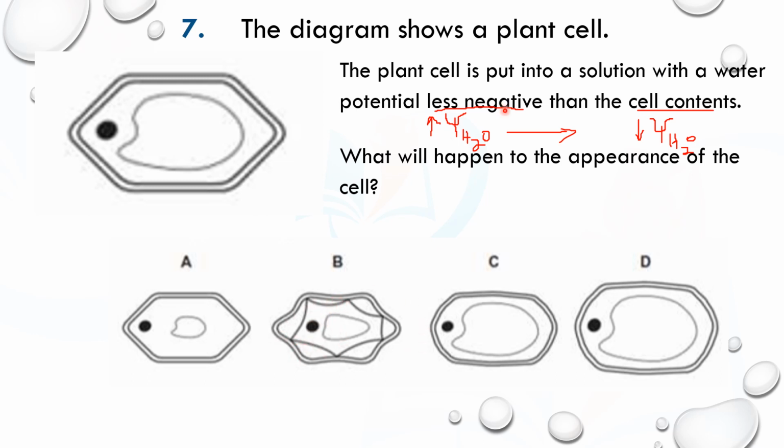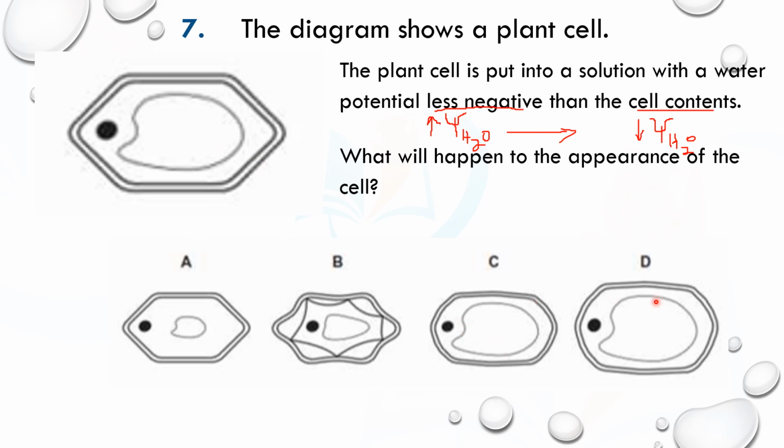But in this case, water is entering the cell. It's not leaving the cell. So the cell here is turgid. Can you see? It's turgid. And then this cell is also turgid, but it's very big. In the actual past paper, the cell is like this, which means it's the same size.